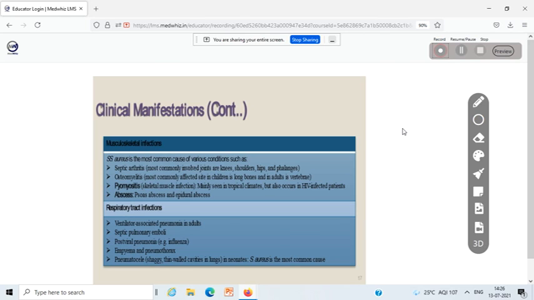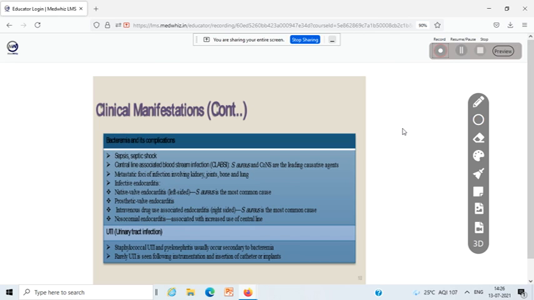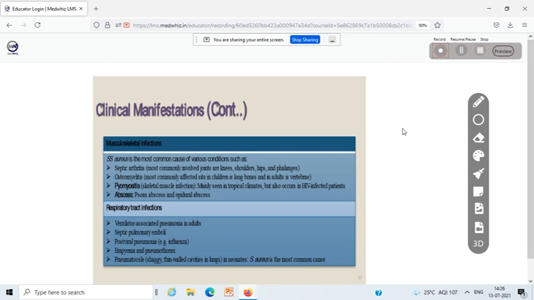Affecting the respiratory tract, we have ventilator associated pneumonia in adults, septic pulmonary emboli, post viral pneumonia, empyema and pneumothorax, and pneumatocele, which is shaggy thin walled cavities in the lung in neonates.